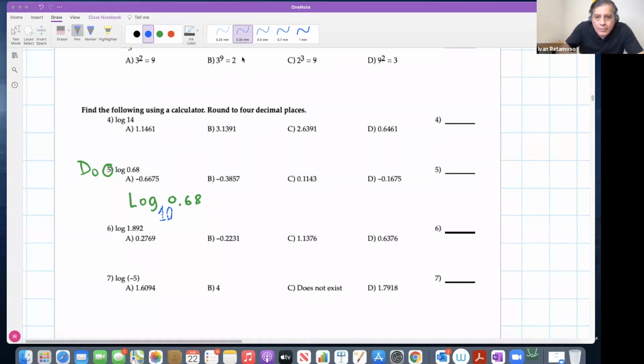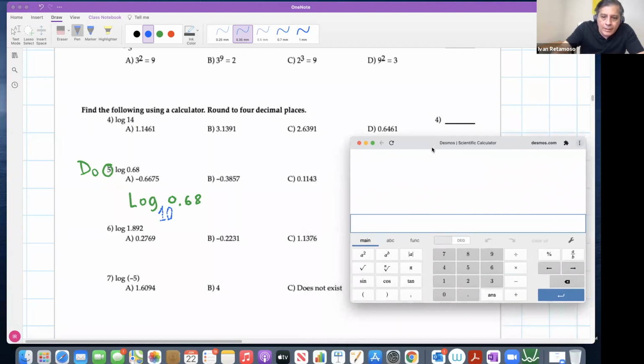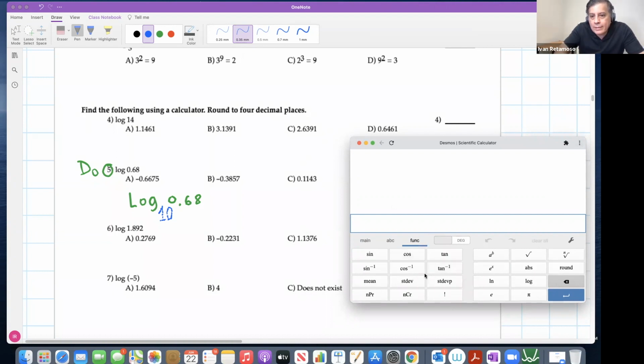We just go to our scientific calculator, right? I'm using our Desmos scientific calculator. And either I type log or I go to functions. It's going to be there too. Right here, log of 0.68. Close parentheses. Negative 0.167.